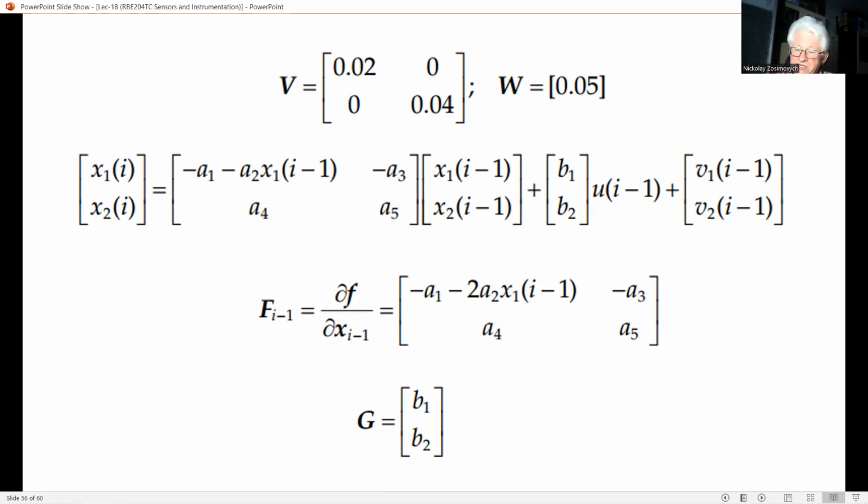And we get the equation for F at i minus 1 here in this matrix. Also, you may see the matrix G here on the bottom.